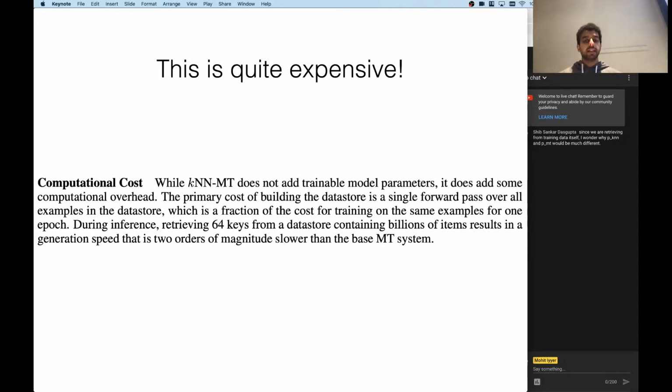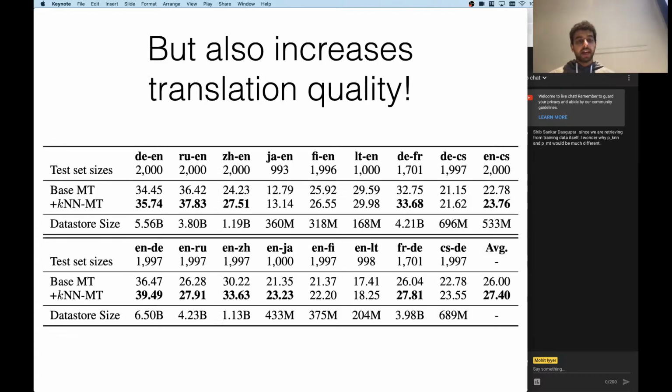So in sum, it's not practically useful if you're interested in building an MT system right now, but they have some nice analysis experiments that show promising directions for the future. First of all, despite the slow speed, it gives you improvements in BLEU score over most language pairs.